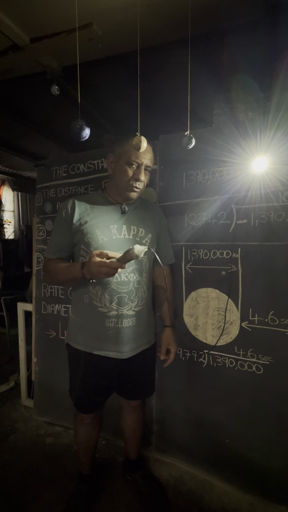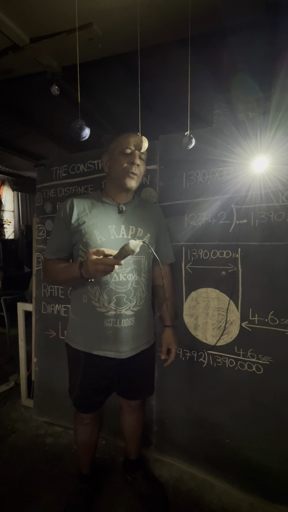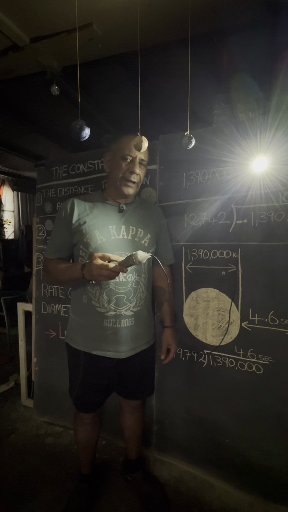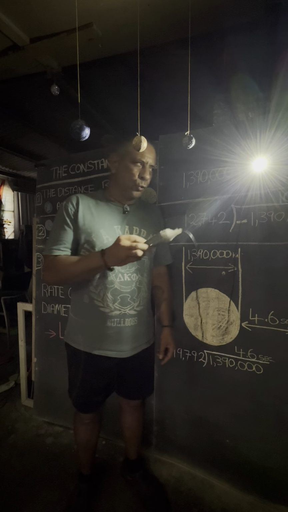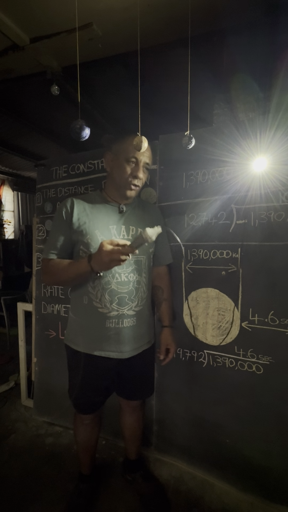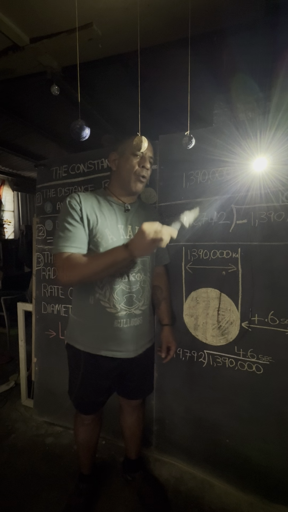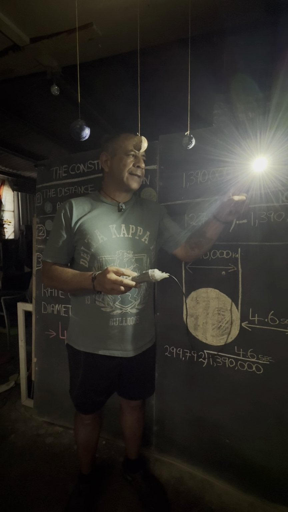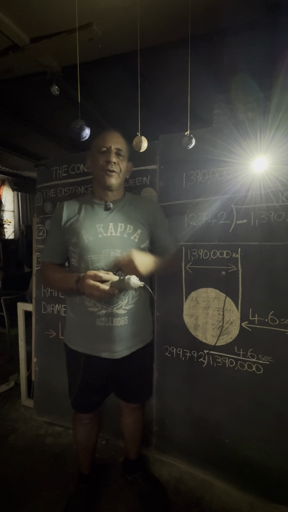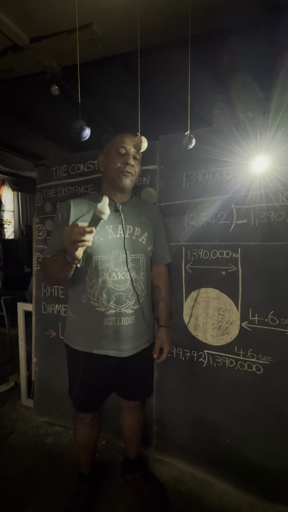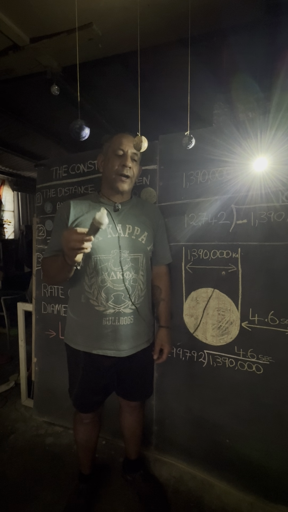Now, can you see the problem? There isn't a bulb that radiates its light that slowly, is there? To scale, this bulb should take 8 minutes and 20 seconds for its light to reach there, because this is a perfectly to scale diagram.